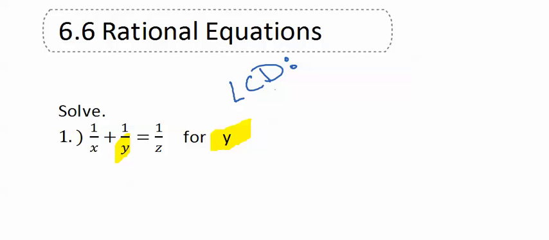So LCD in this case is going to be xyz. So what I'm going to do is I'm going to multiply the first one by yz over yz, the next one by xz over xz, and finally the last one by xy over xy.